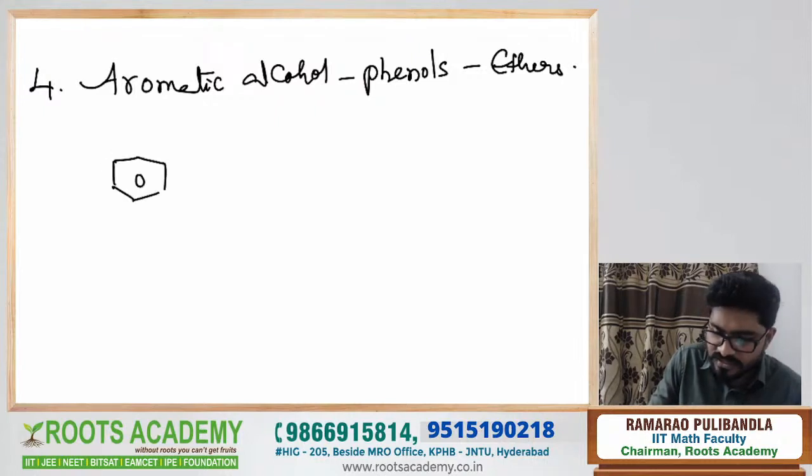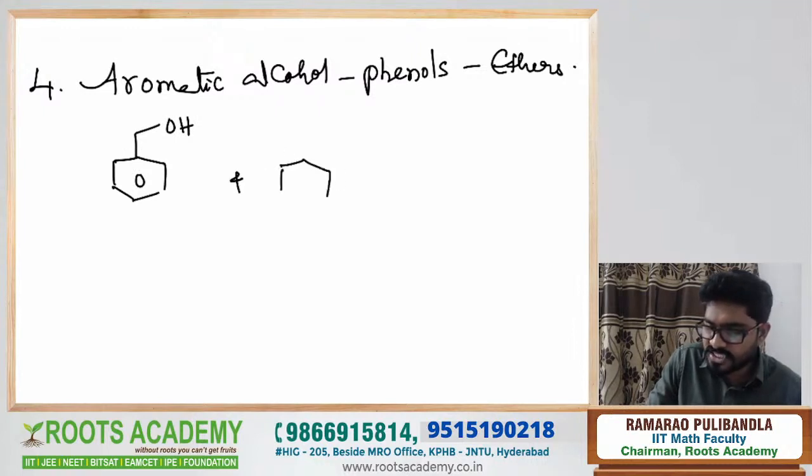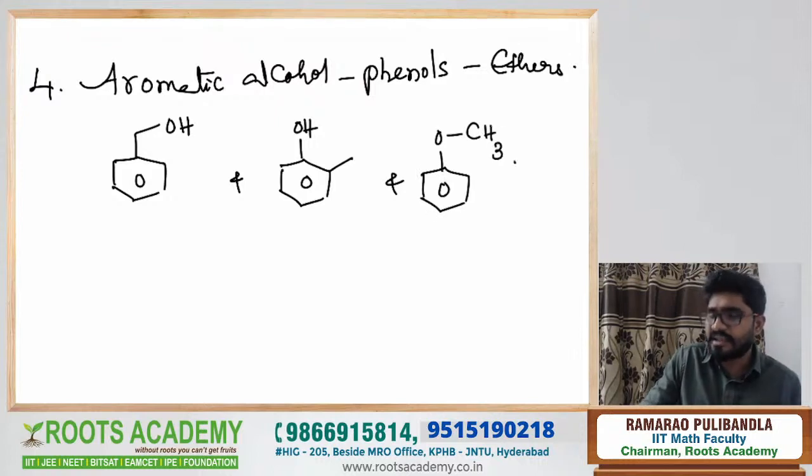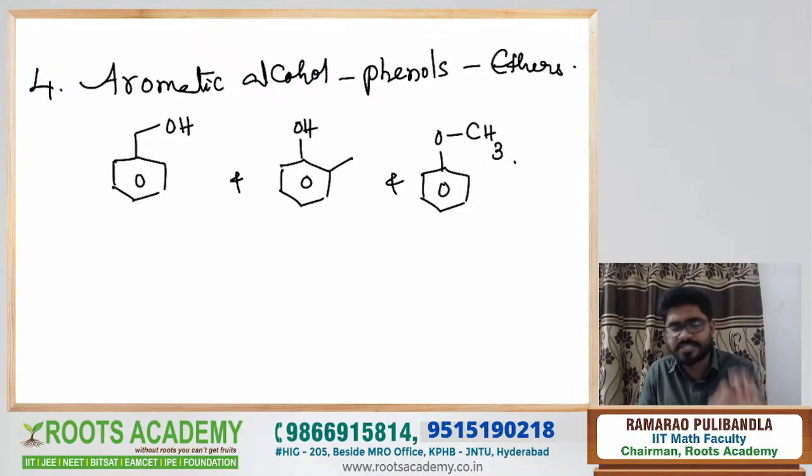Aromatic alcohol, C6H5CH2OH. And phenol, just phenol. The molecular formula should be same, guys. You should not go from that. And ether, this is what? Alkoxy-alkane, the IUPAC name is like this. See, everywhere the number of carbon, hydrogen and oxygen atoms are the same.